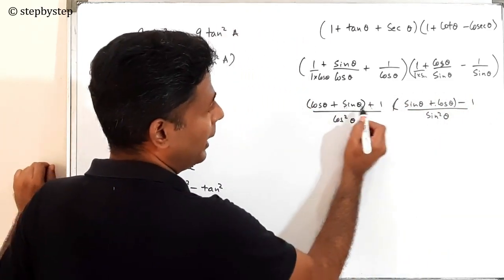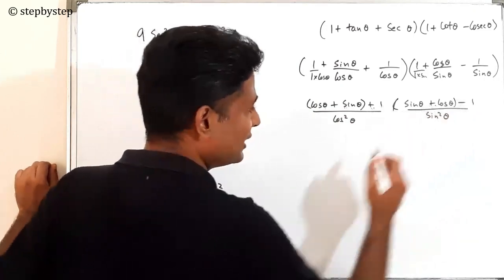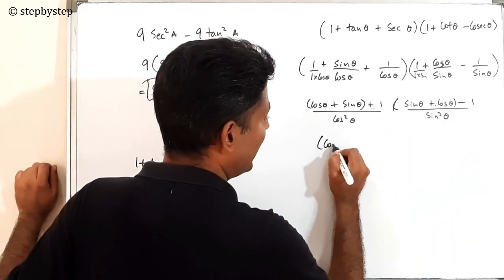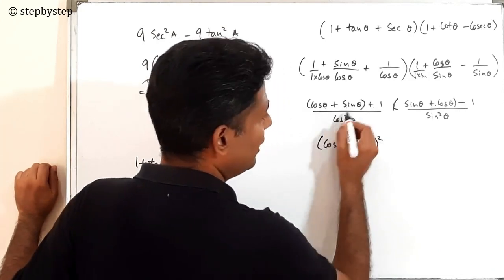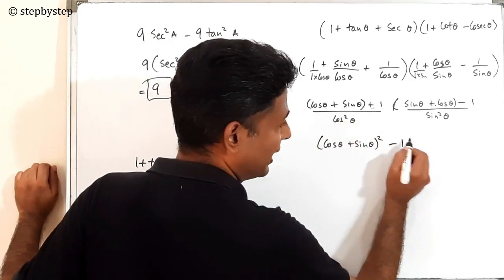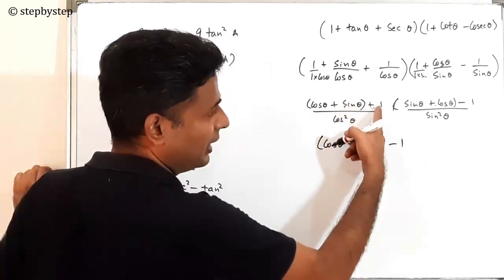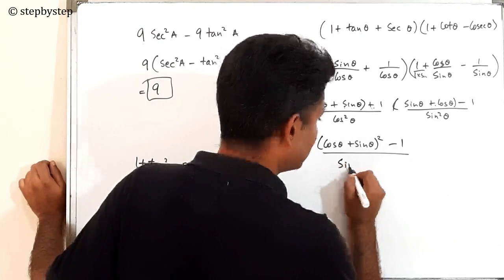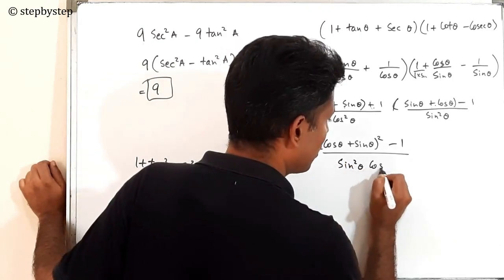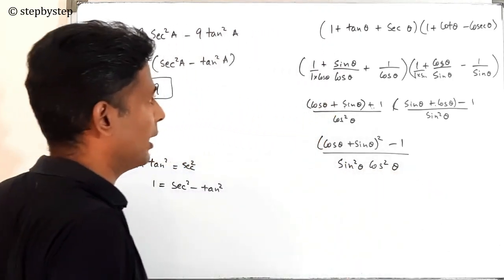So it is of the form a plus b into a minus b. So that becomes a square minus b square, that is minus 1 square. 1 square is 1, and down we get sine square theta into cos square theta, right?